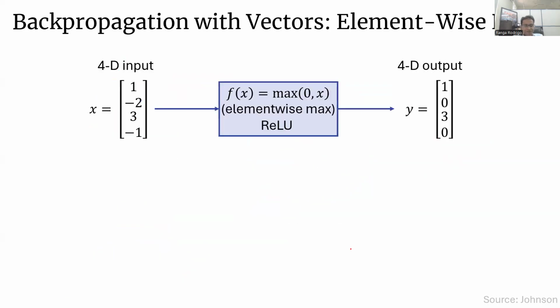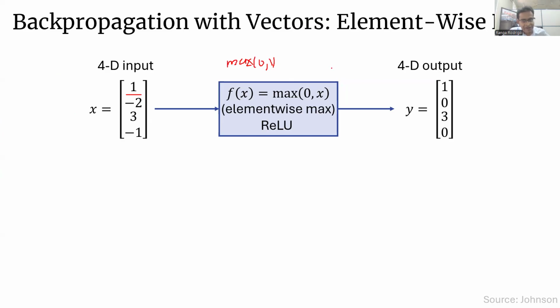Okay. So now one more example, we'll take backpropagation with vectors, element-wise ReLU. Now think about this. ReLU function means you just take the maximum with 0. So when the input is 1, what do you have? Max of 0 and 1.